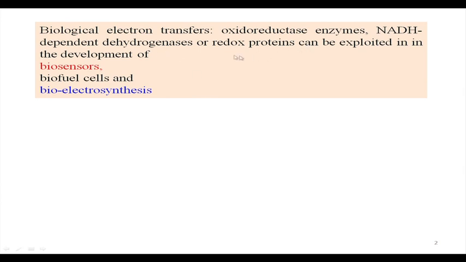So, biological electron transfer, that is why we are pushing it to a biological system. Biological electron transfer reactions are very important, and already we have seen this in the development of biosensors.